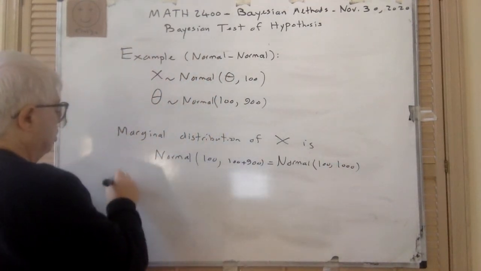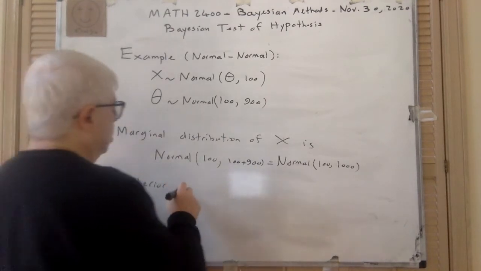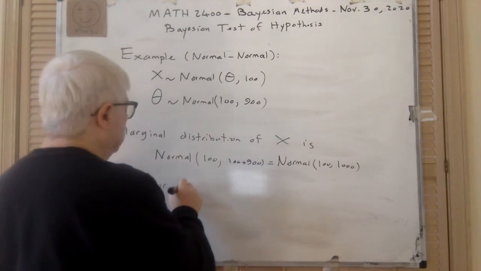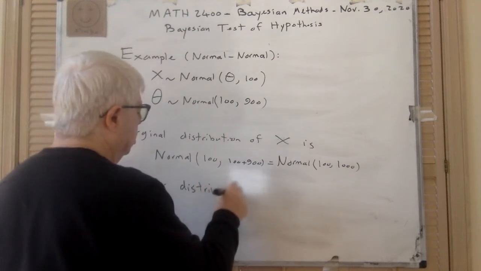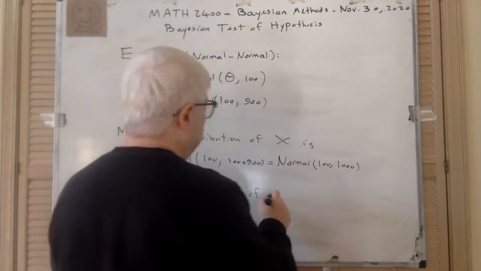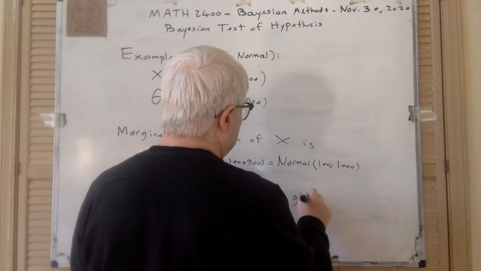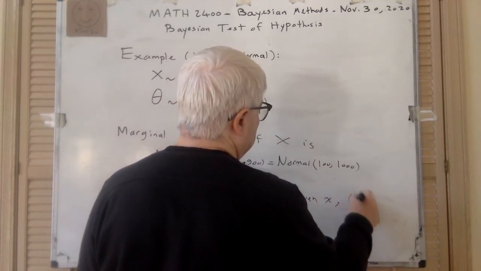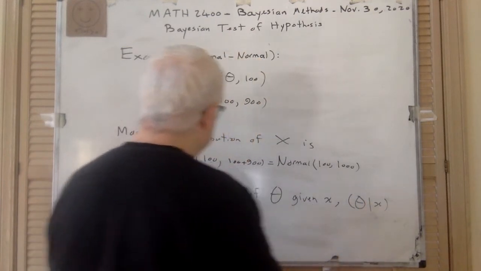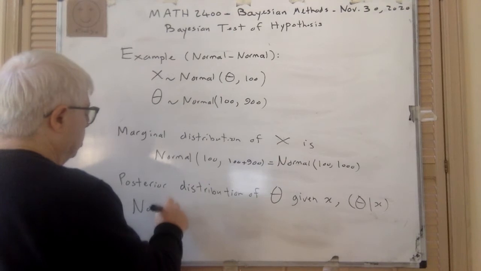And the posterior distribution of theta given x, remember, the formula was normal.